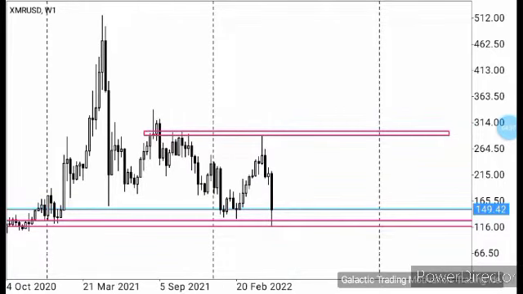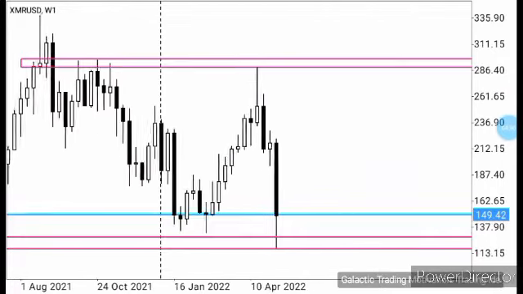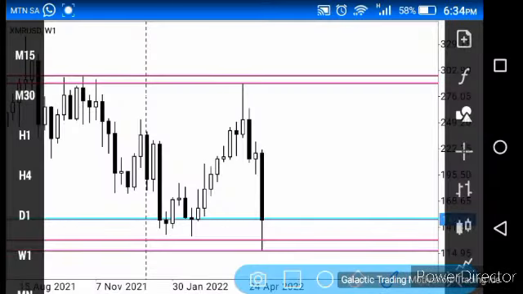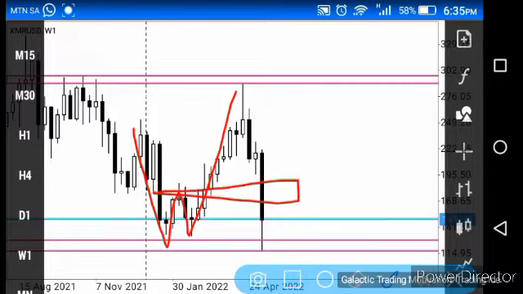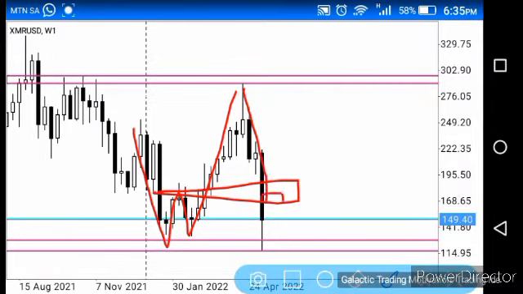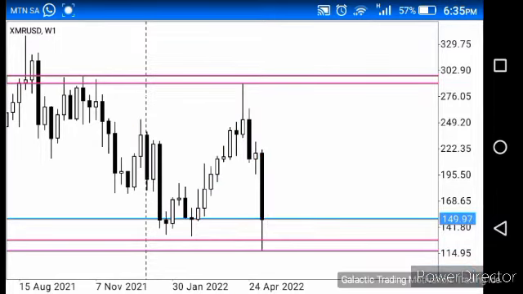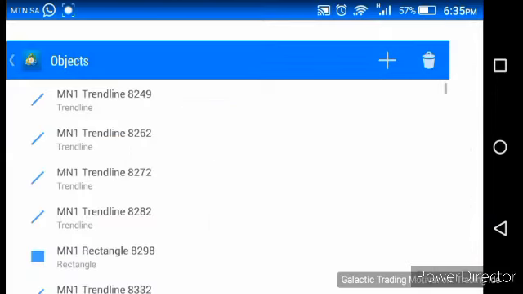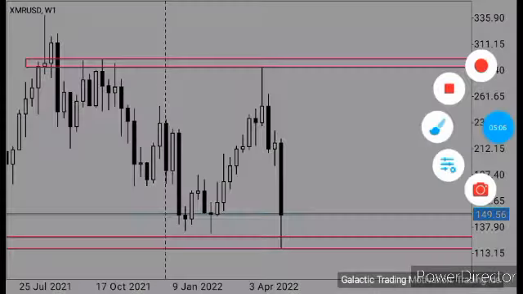Another thing I can see on this chart is that we had this W formation over here, right, with the neckline being there. However, when price came back to retest the neckline, price unfortunately did not hold, and it actually went down to the bottom. Let me plot it again so you can see.